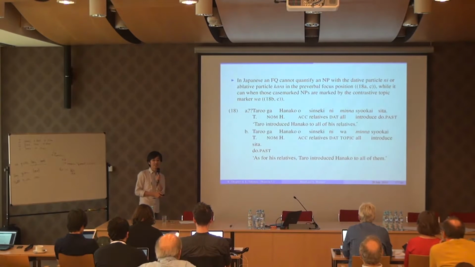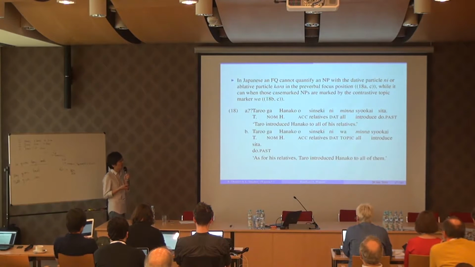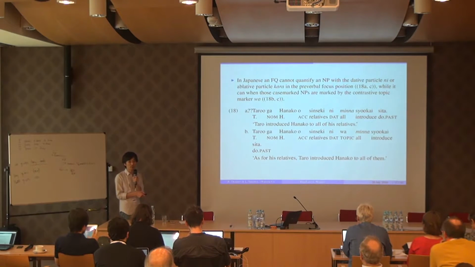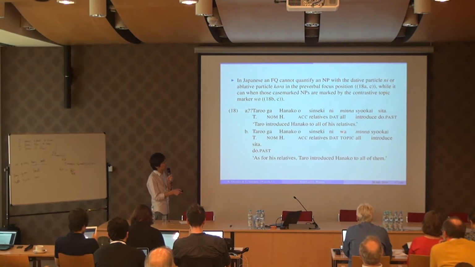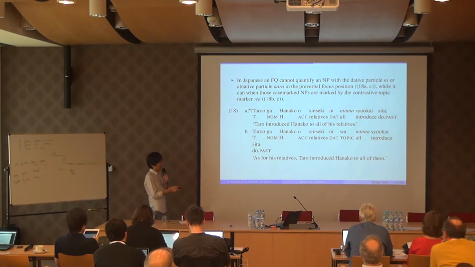But Japanese has a strategy to change the noun phrase into a topic by adding an overt morphological topic marker. That's wa, a contrastive topic marker. If you attach wa to this dative-marked noun phrase, then we can change this focus noun phrase into a contrastive topic. Then the quantifier can appear.